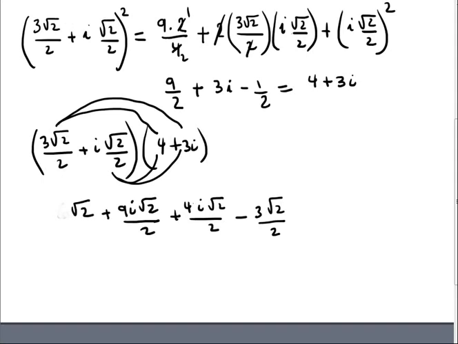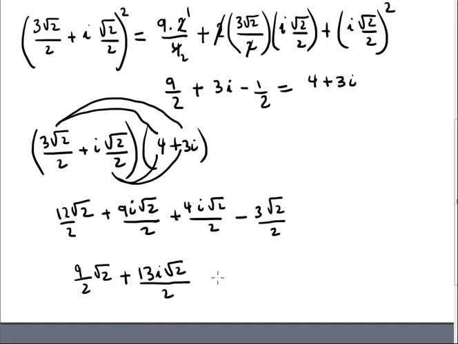You write here 12. 3 times 4 is 12 over 2 is 6. 12 over 2 minus 3 over 2 is 9 over 2. 9 over 2 radical 2 is the real part. And the imaginary part is 4 and 9 is 13. 13i radical 2 over 2 is the answer.